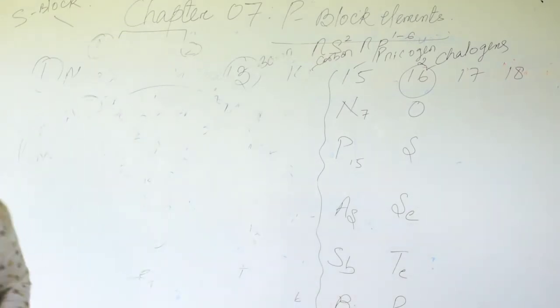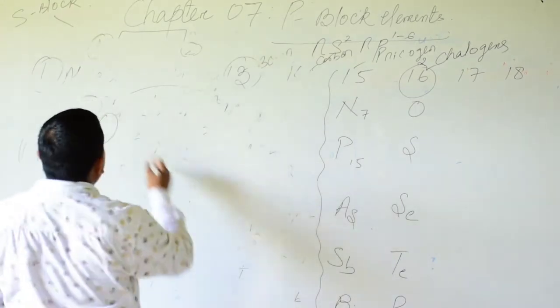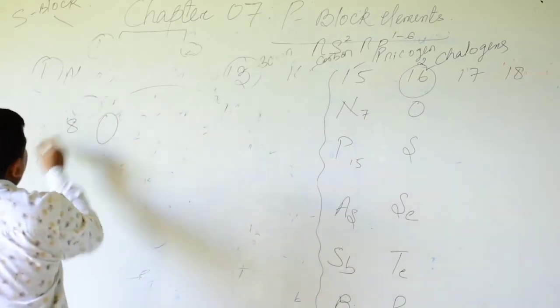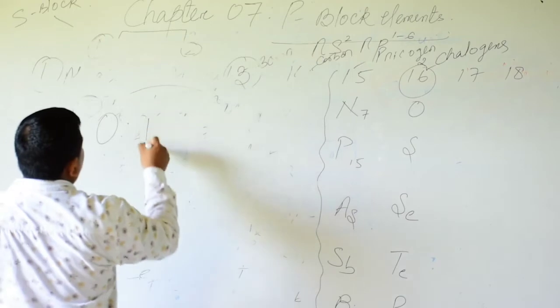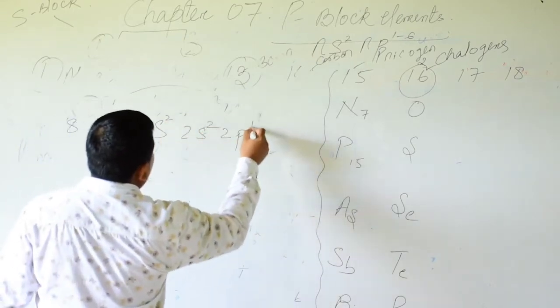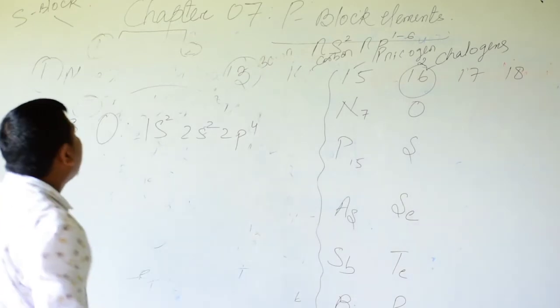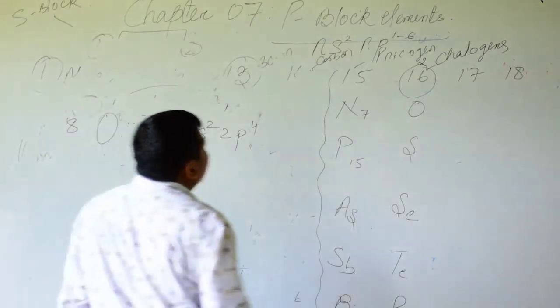Now, same as it is, I'm going to show you the electronic configuration of group number 16, oxygen. The atomic number of oxygen is 8. Then how to write the electronic configuration, as in group 15: 1s2, 2s2, 2p4. As I told you, the outermost shell is 6.